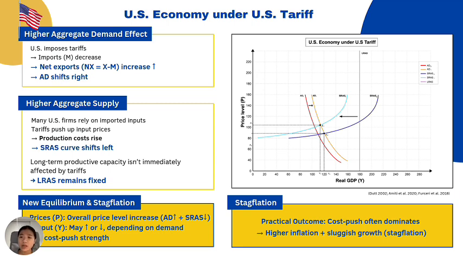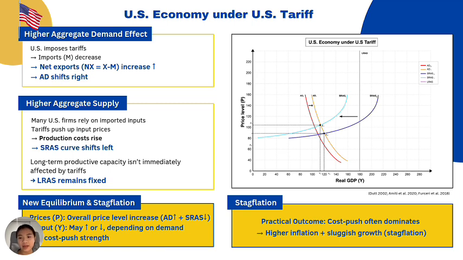However, many American firms rely on imported inputs, so the new tariffs push up their production costs, causing a leftward shift of the US short-run aggregate supply curve, while US long-run aggregate supply remains constant as it isn't immediately affected by tariffs.